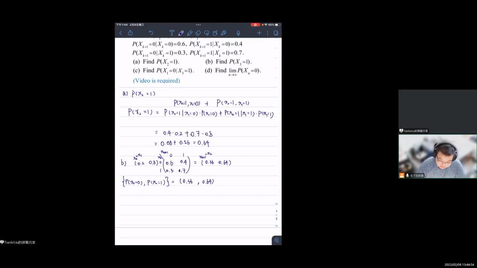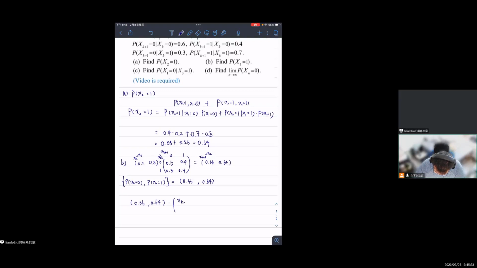But now we have to find the probability of x3 equals 1. So now we bring it back to this matrix multiplication. 0.38 and 0.62, multiplied by the same matrix, right? Because the relationship of xk plus 1 and xk didn't change.